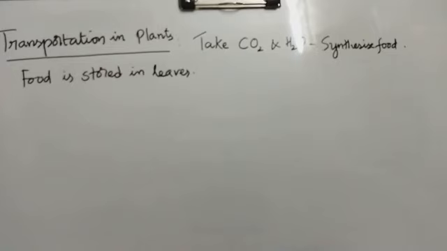And for the growth and development of the entire plant body, other nutrient materials are required. These raw materials have to be taken separately because other nutrient materials or raw materials cannot be synthesized by the plants.